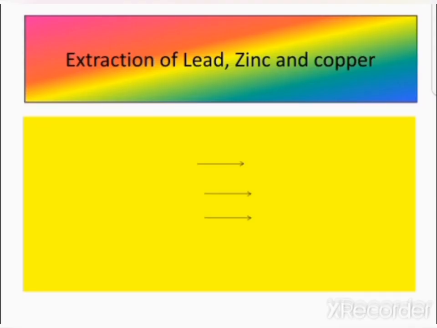Lead, zinc and copper metals occur naturally as sulfide ores. These ores are first converted into corresponding oxides by heating in oxygen. In this process, sulfur is oxidized and oxygen is reduced. These oxides are then reduced by coke, carbon monoxide or hydrogen.